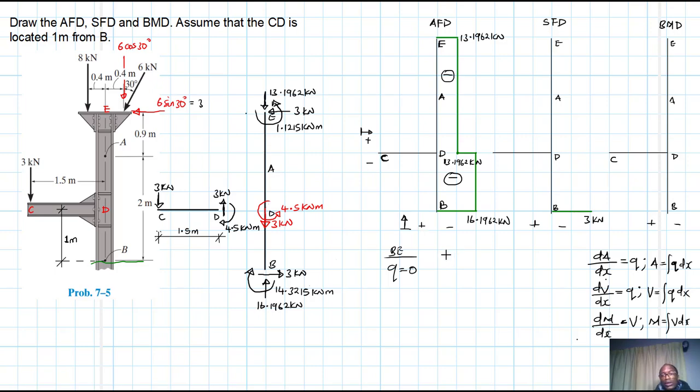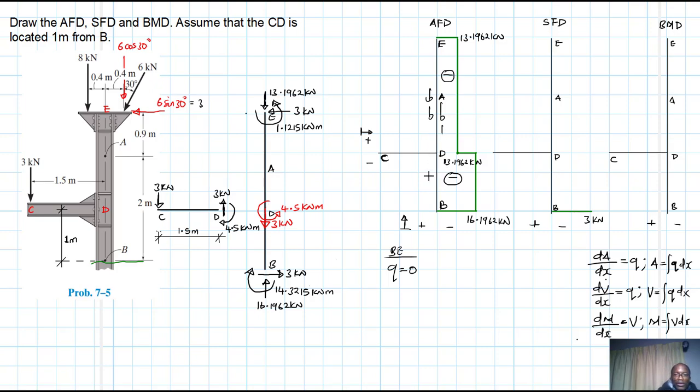This Q is the distributed force perpendicular to the longitudinal axis. Okay, this is the one we are talking about. This is 0. We don't have anything. The one for axial, it will be going in this direction like this. Okay. I hope I made this clear.